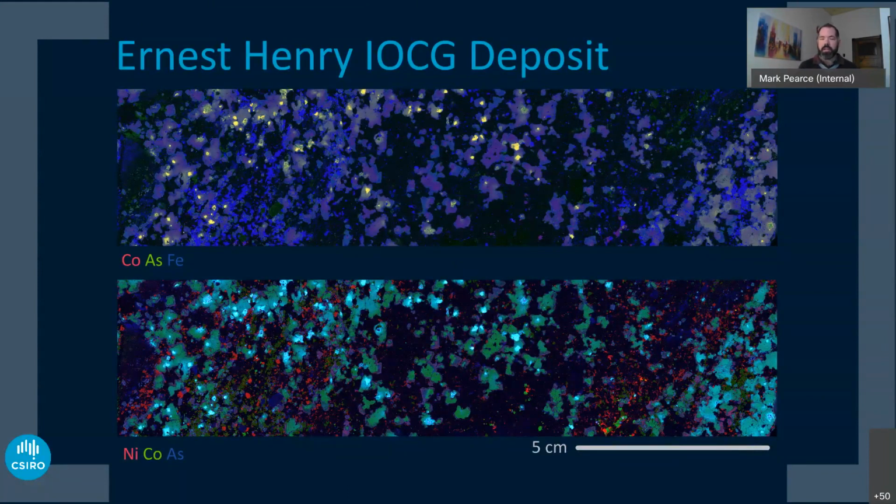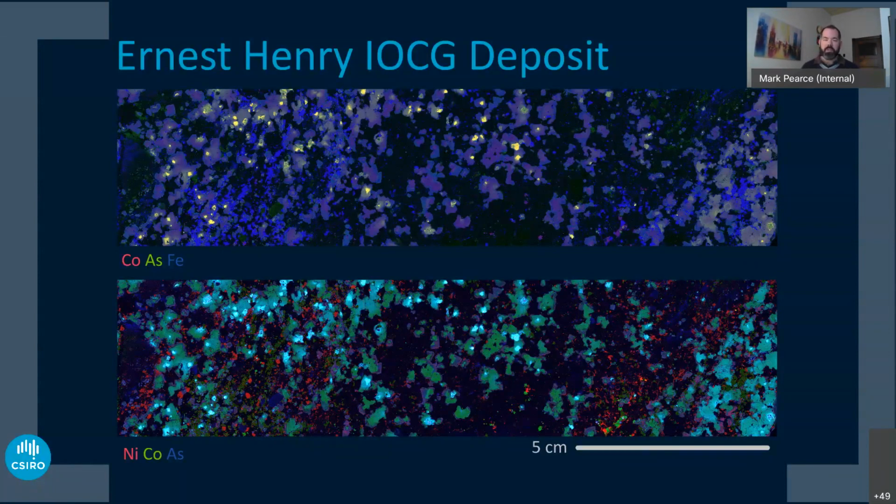But the technique's kind of time limited due to stability of instruments and cost. And so we can generally only analyze a few pyrite grains in each sample. So the question is, which ones do we analyze in order for it to be representative?